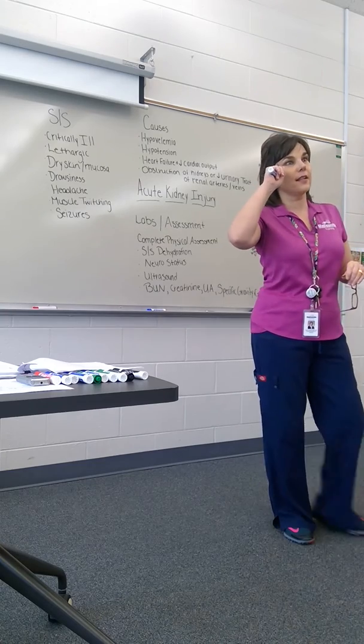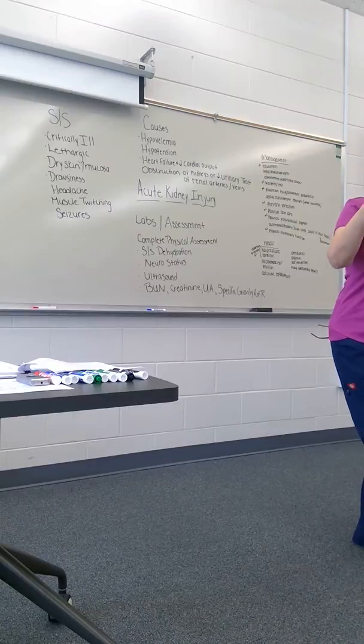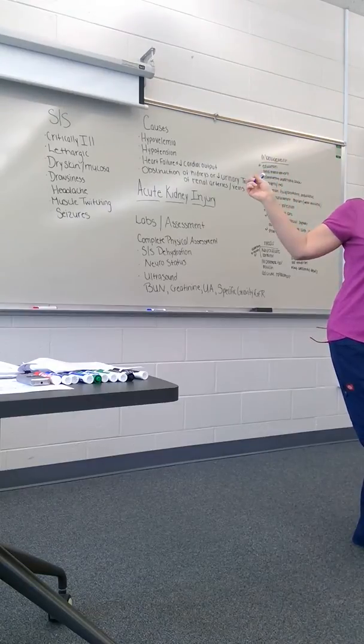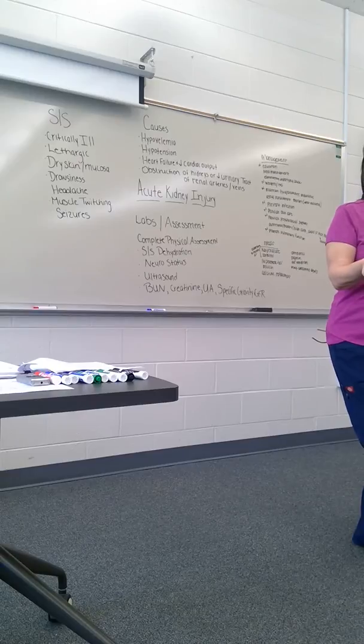And before I forget to say this, I want to say this about ACE inhibitors, and we'll talk a little bit about some of the drugs. We see a lot of folks that have kidney dysfunction that they put on ACE inhibitors.